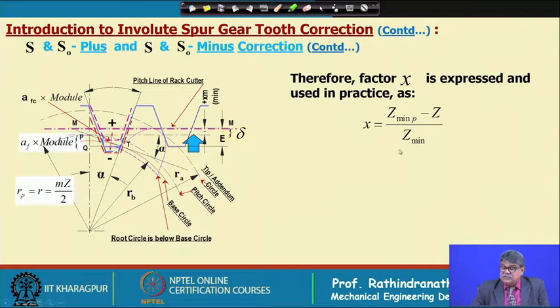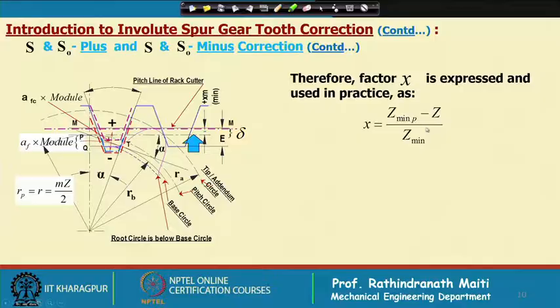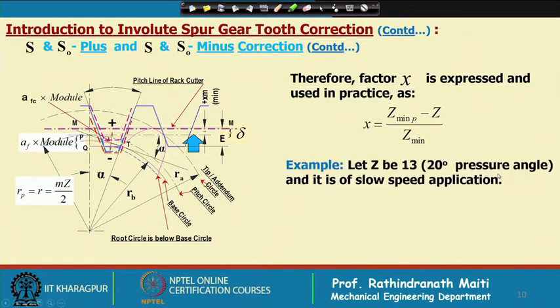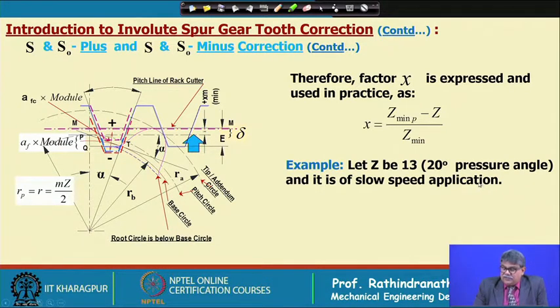That means, we have to calculate this Z minimum using ZC equal to 2 by sin square alpha, whereas Z minimum P will be the number recommended for the practical application.